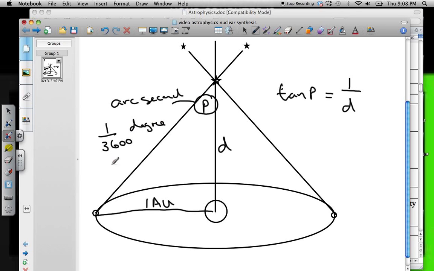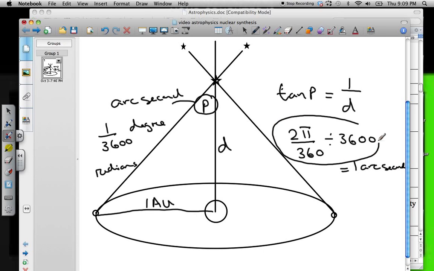Now this P was also measured in radians. So we know that 360 degrees is 2 pi in radians. So if we divide that by 360, we will get the amount for 1 degree in radians, and we've got to divide that by a further 3,600, and that will be 1 arc second in radians, that amount over there.